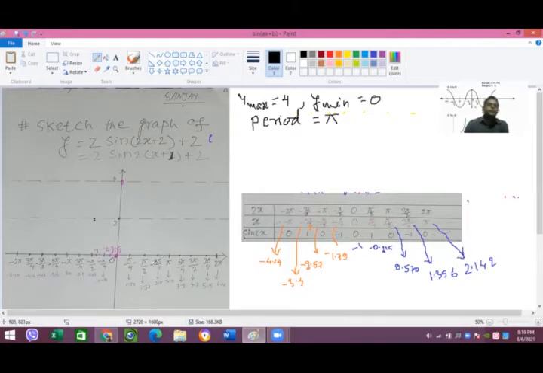Now it is time to draw the graph. There are different ways that you can make your work convenient. So at this time, what I'm doing here is this sort of table I have made for this only, 2 sine 2x plus 2, and in fact here I'm talking of sine 2x only at this time because I have already done the work for this amplitude 2 and also the y shift 2.